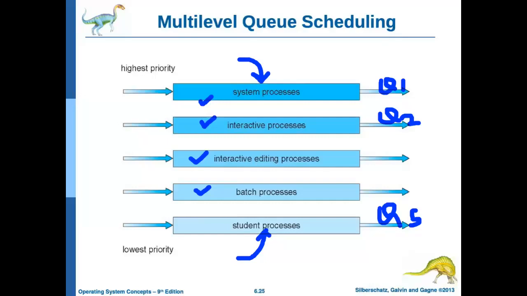So, last 15 seconds. Just see the poll results. 36% of students gave the correct answer, priority, because the system processes are basically served using priority-based scheduling.